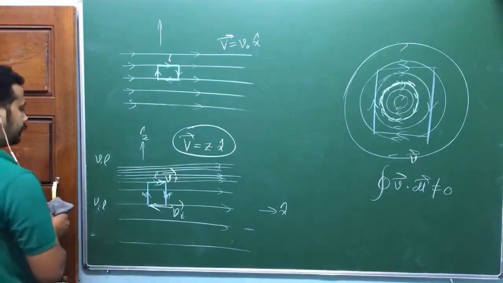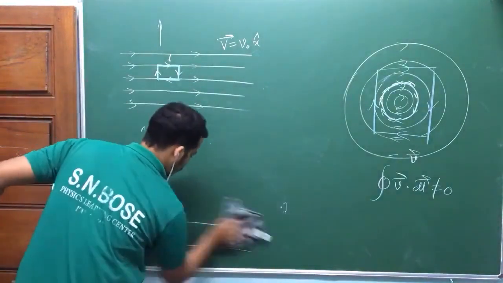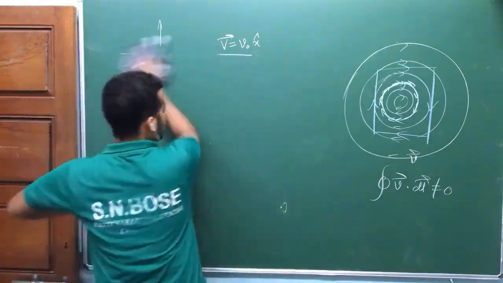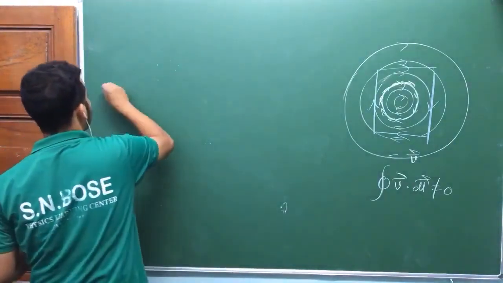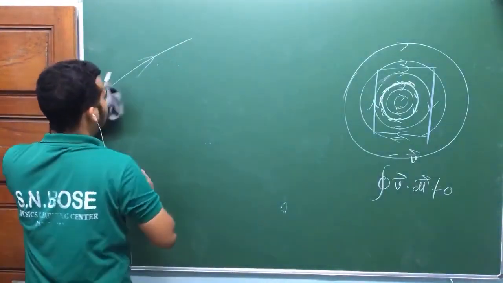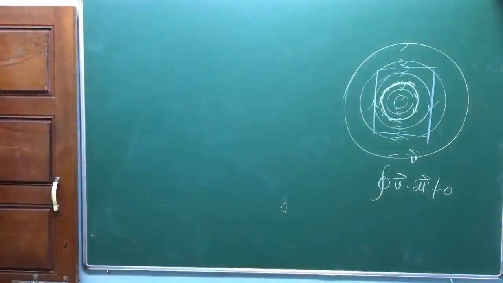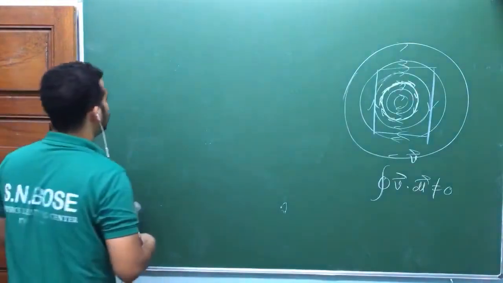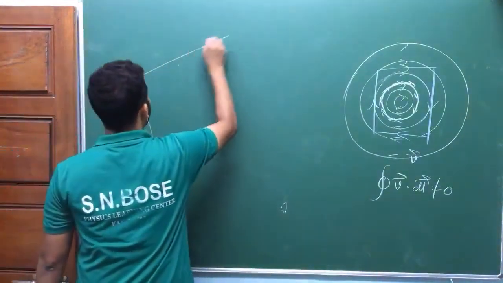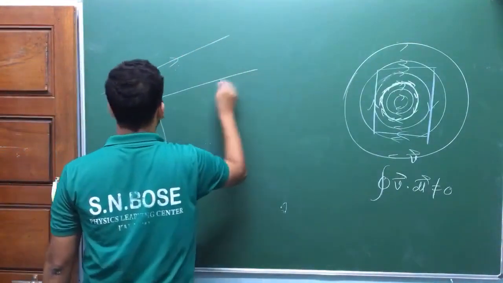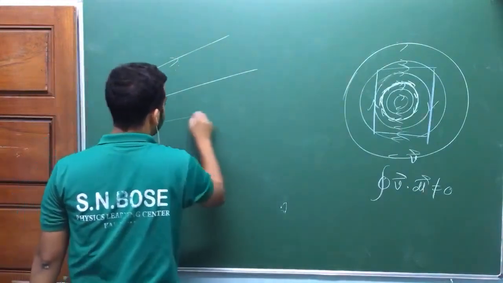Now look at here. You have some vector field. Divergence is 0, but curl exists. That's what I want to write. Let me take a symbolic vector field here.